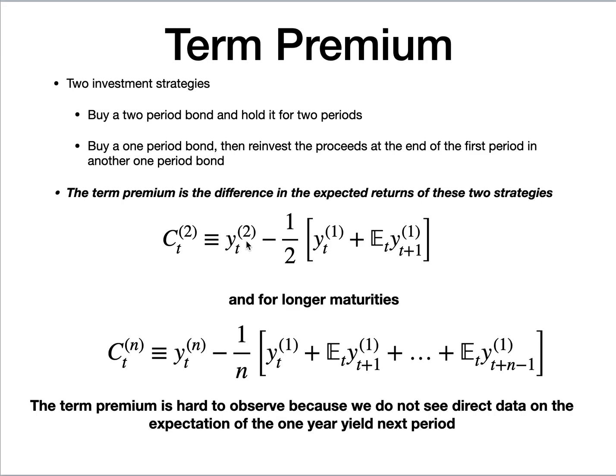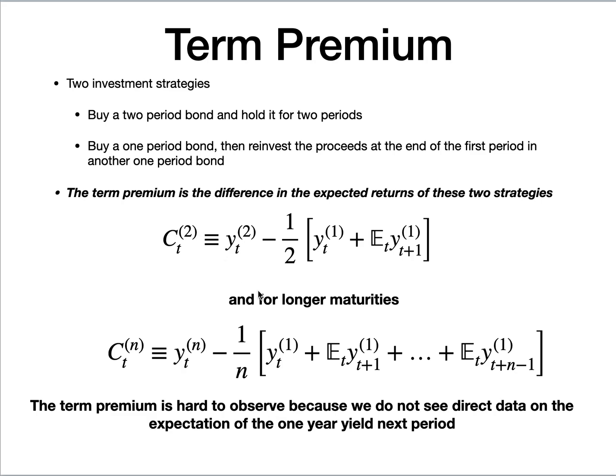That's the rate of return I would get from buying the 2-period bond and holding it until maturity for 2 periods. And I compare that to the average of the current yield on the 1-period bond and the expected value of the yield on the 1-period bond 1 period from now. The difference between these two rates of return from these two different investment strategies, I'm defining as the term premium right here.